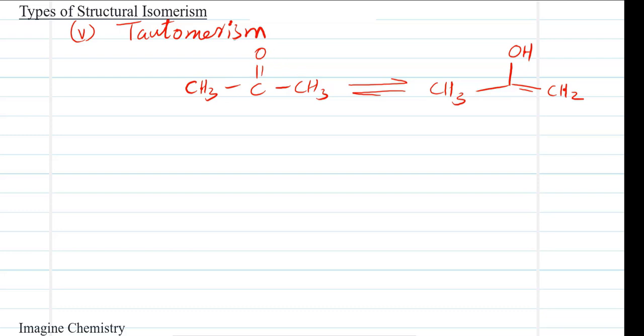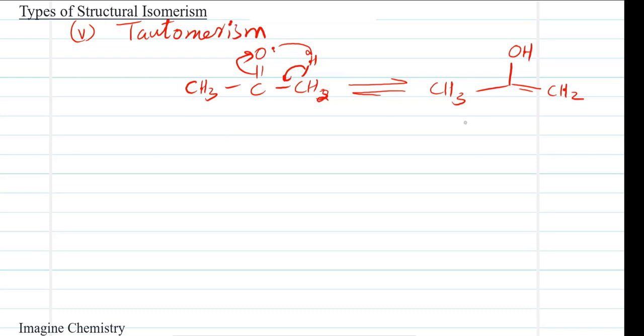What has happened here is that this proton has shifted to the oxygen. So these two forms can be proposed. So this is tautomerism, where there is the transfer of a certain group inside a structure.